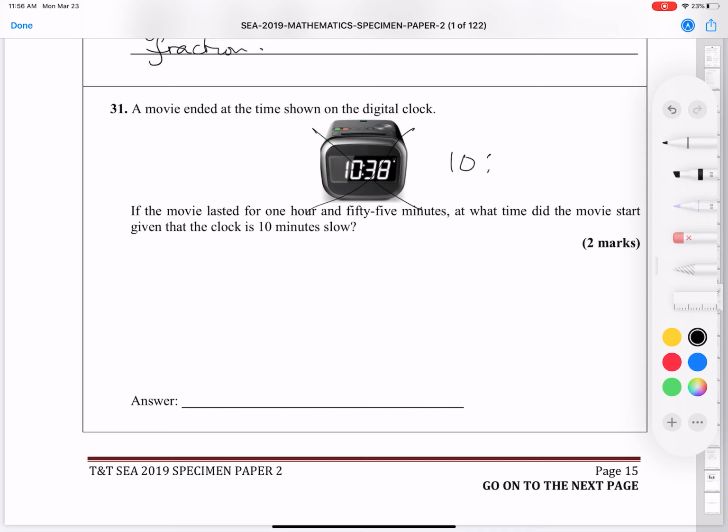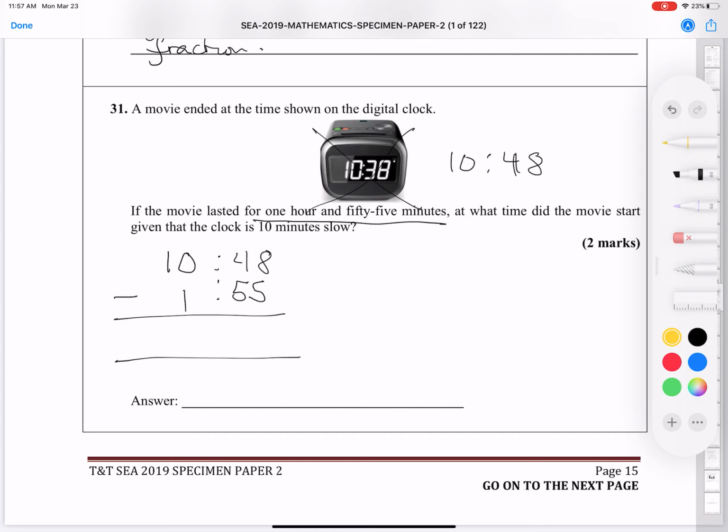Clearly we can see 48 cannot take away 55. So we regroup. We take 1 hour from these 10 hours here and remain with 9. 1 hour is equal to 60 minutes. So 60 plus the 48 we have here will give us how many? 0 and 8, 8, 6 and 4, 10.